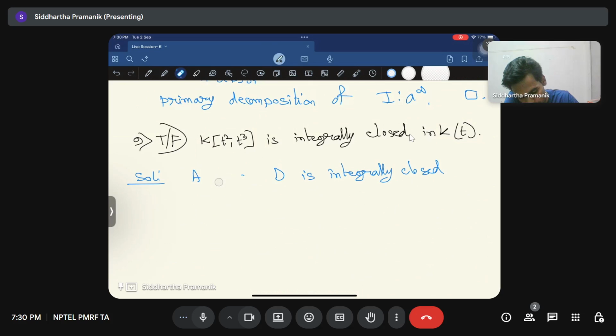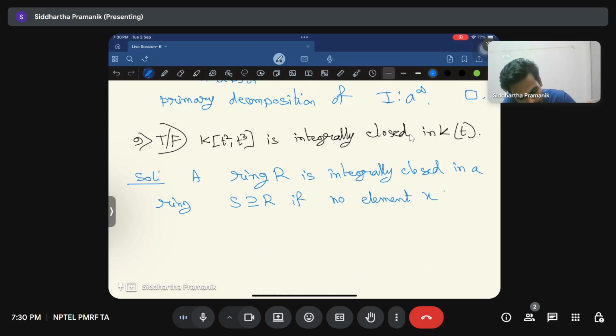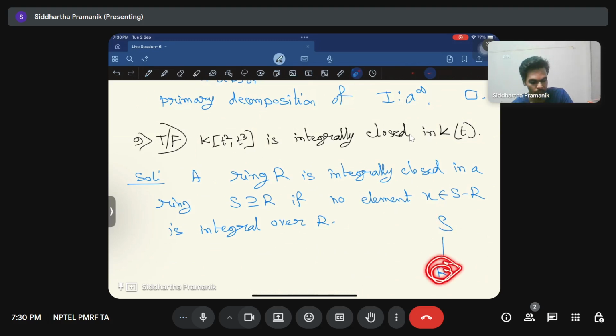A ring R is integrally closed in a ring S which contains R if no element x belongs to S minus R is integral over R. So here you have S, here you have R. So only elements of S which are integral over R are the elements of R itself.